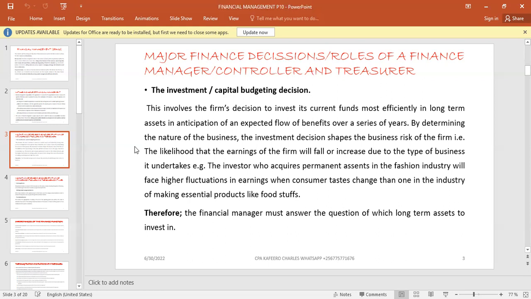If you don't put in the time aspect, then it will not be helpful, because if someone tells you I made 10 million, but that 10 million will come in 10 years' time, it doesn't make sense until you look at the present worth of that 10 million. What will be the present worth of that future 10 million we are expecting?